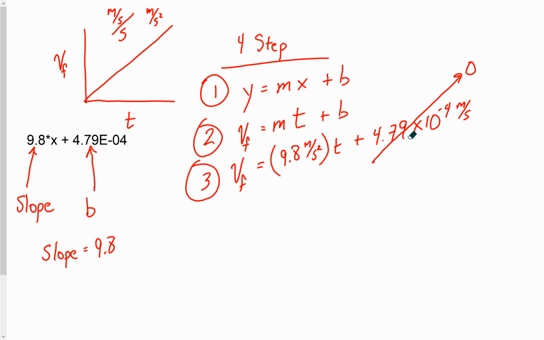Now the only thing left is step number 4. In step number 4, we're trying to figure out exactly what this 9.8 represents. So we're going to write a general equation for this line. VF is equal to... you can either use the number or use the unit to help you figure this out.